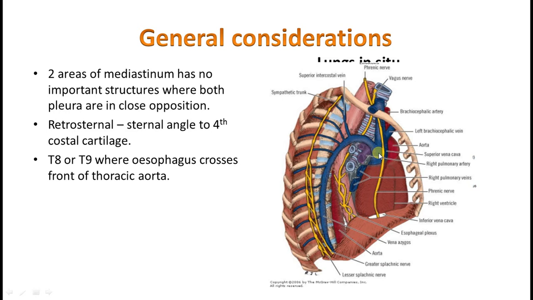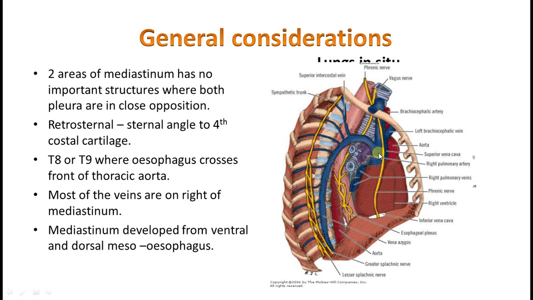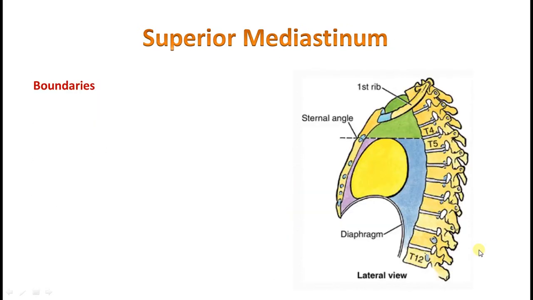Most of the veins are on the right side, whereas the major arteries are concentrated on the left side. And the development of the mediastinum, as I told you, is from the ventral and dorsal mesoesophagus.